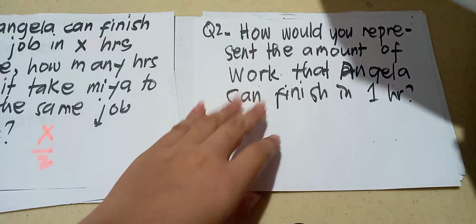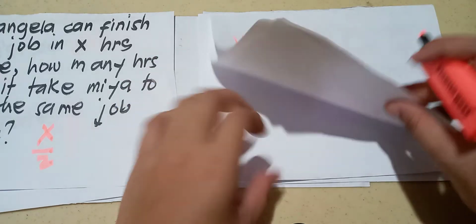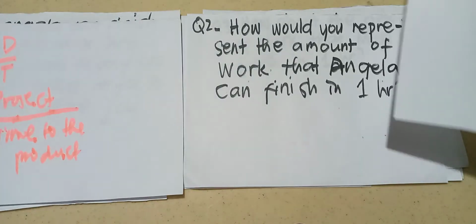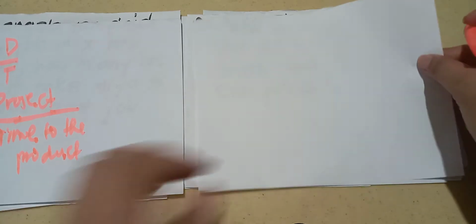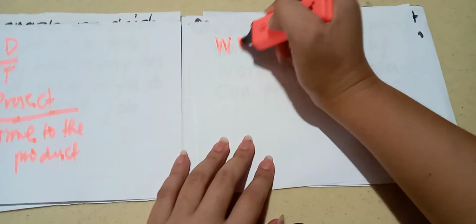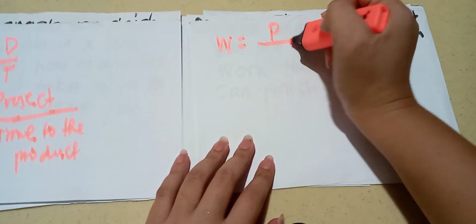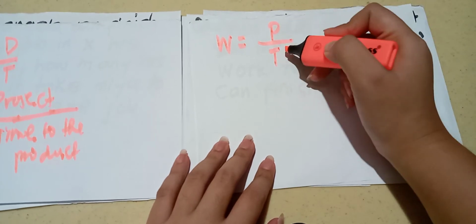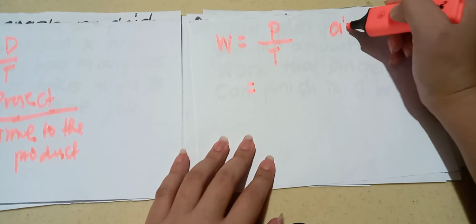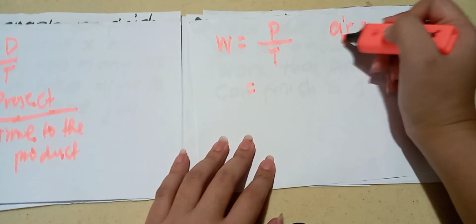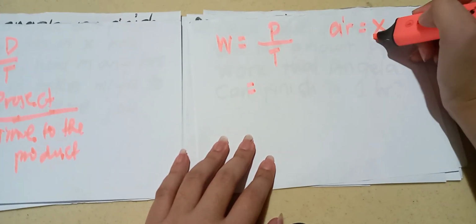So we have W is equal to P over time. This is for Angela, and Angela's time is x.